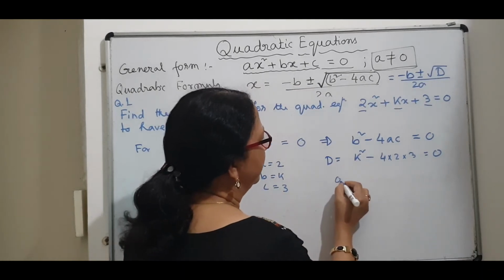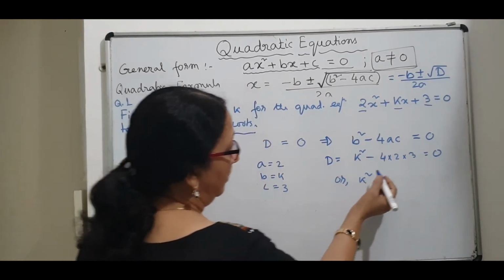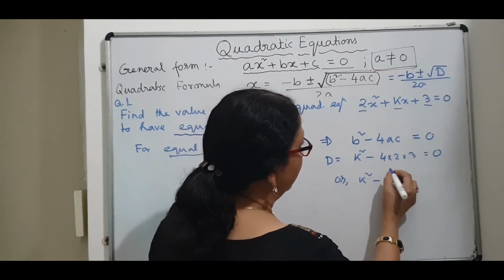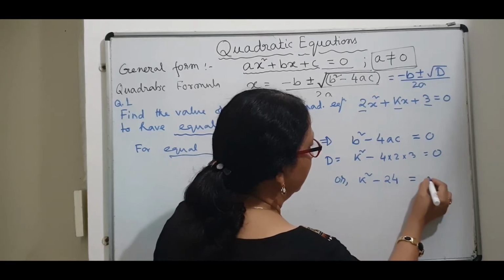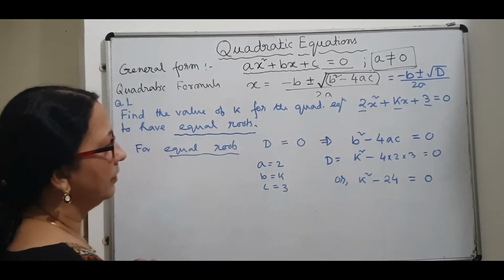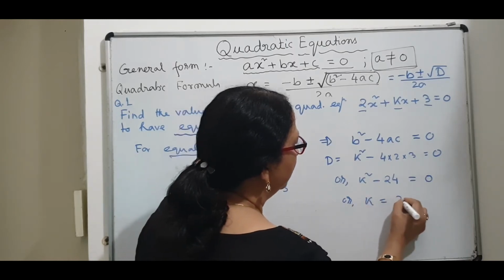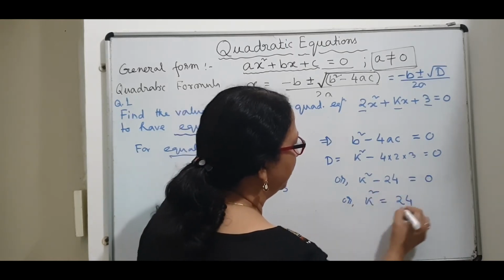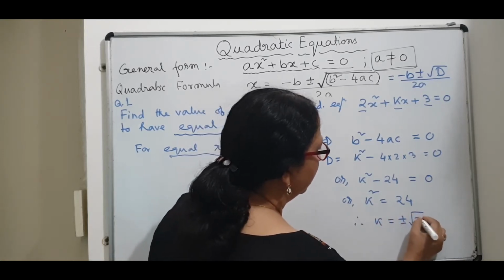Or we can write k² − 24 = 0, or k² is equal to 24, therefore k is equal to plus minus under root 24.